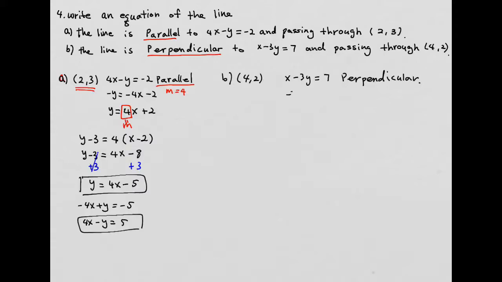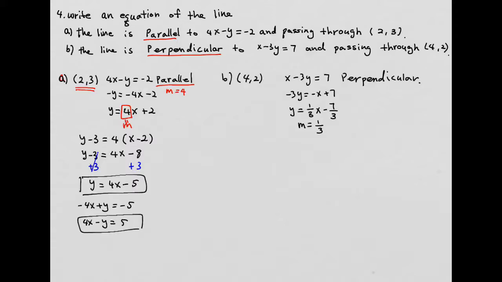So solve for y. Divide everything by negative 3. So you get negative, negative, positive, positive, negative, negative. So this slope is positive 1/3.